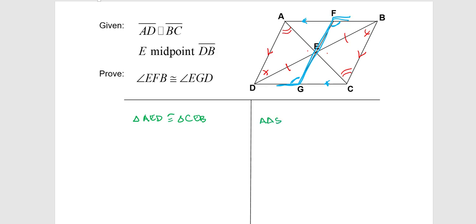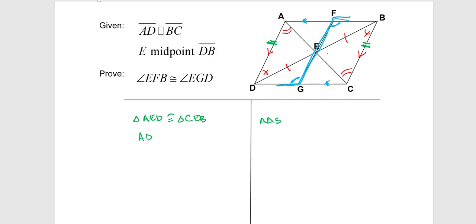Okay, and then I have to figure out what angles will help me get that those two sides, AB and DC, are parallel to each other. And what I have here is a situation where it looks like I can prove a different set of triangles. So I can prove this side congruent to this side by CPCTC.